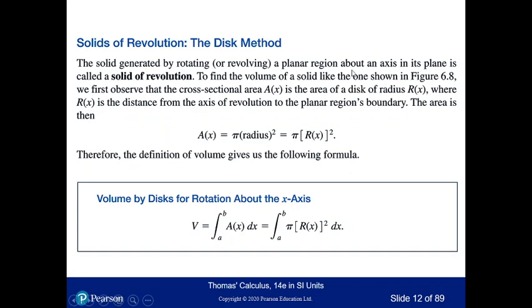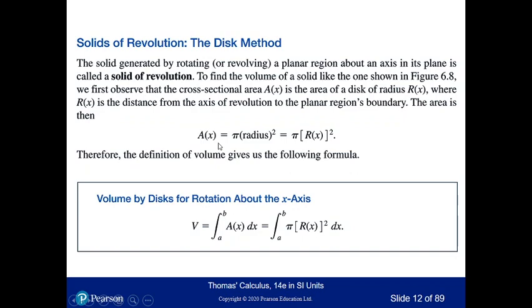And then of course we are going to have R of x, which is going to be the radius of the disk. A of x is going to be the area of that disk, which is actually pi times r squared. R of x is capital R of x. So this cross-sectional area is easy to find.